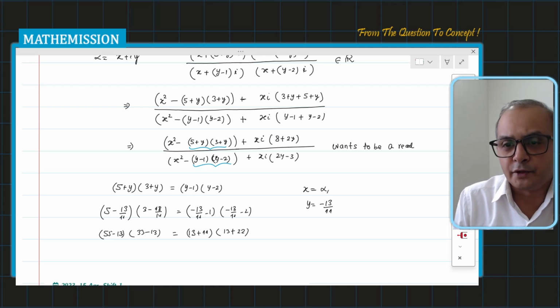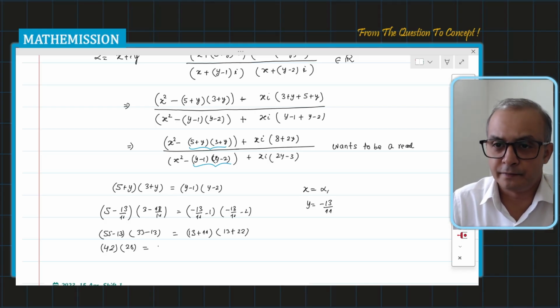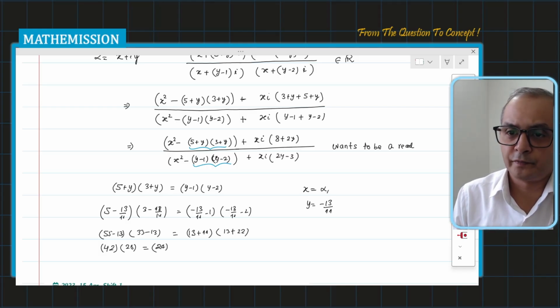And from there, this is 55 minus 13, which is going to be 42, sorry, and this is 20. And here I have 13 and 11, 24, and it's going to be 20.